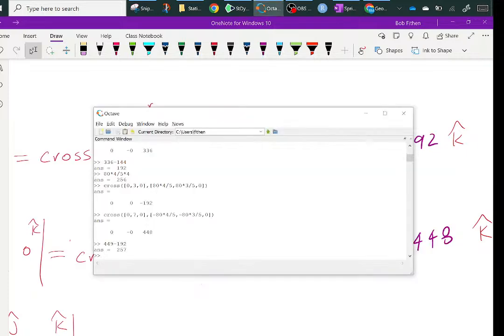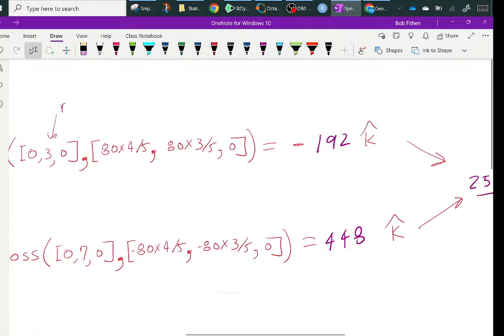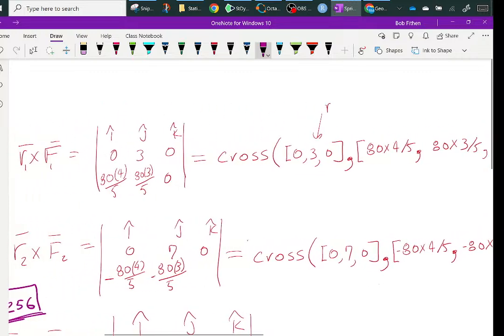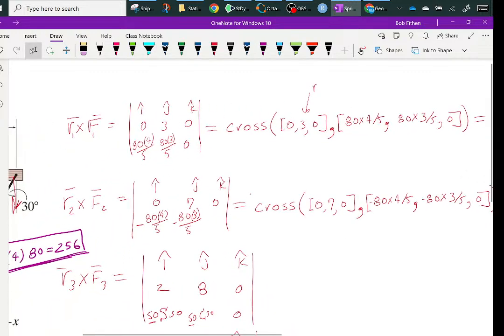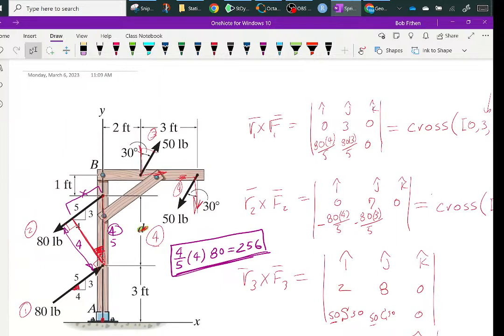That's 257. Oh, now it's 256. It's supposed to be 448. So I put in 449. So through stumbling through this, I got them both ways.